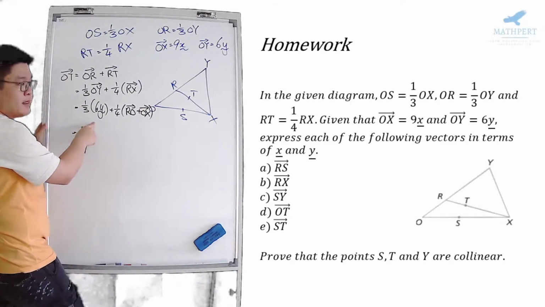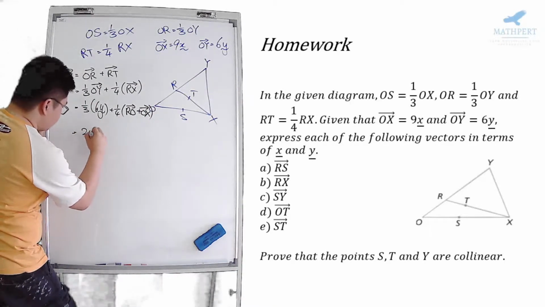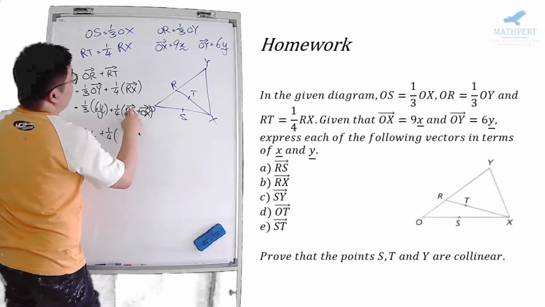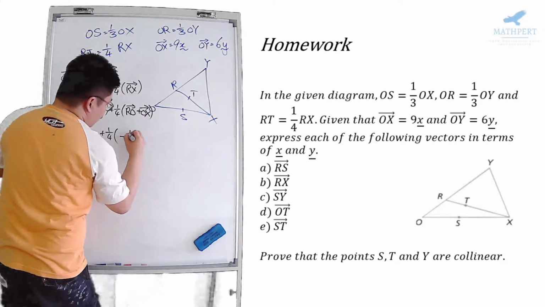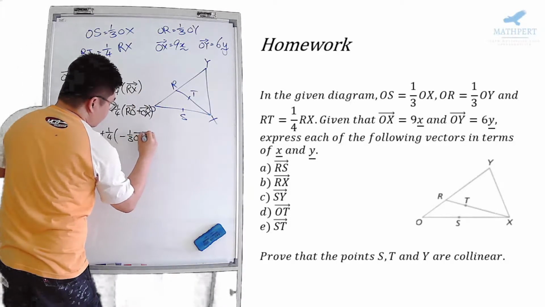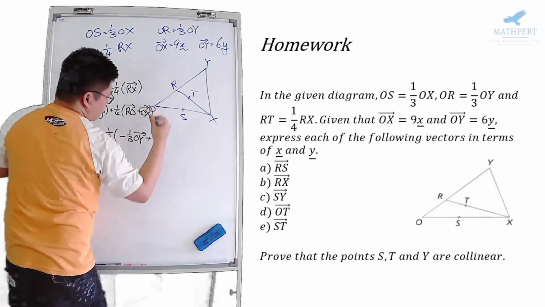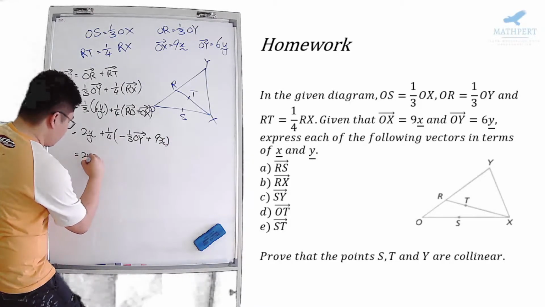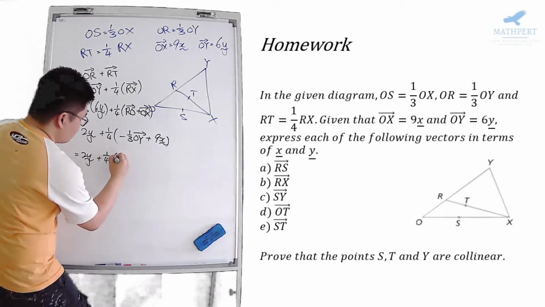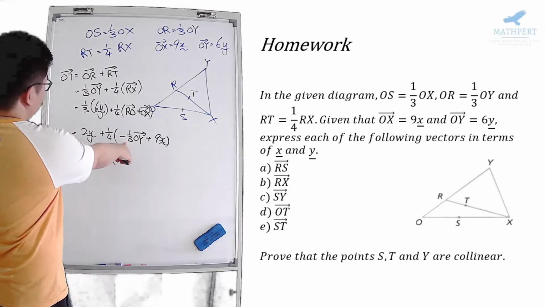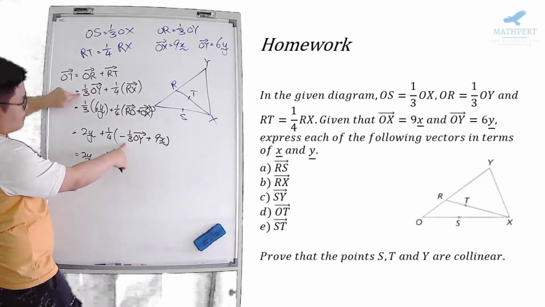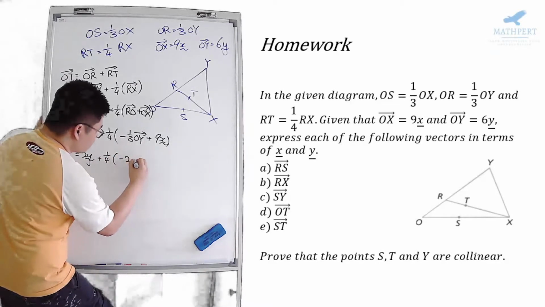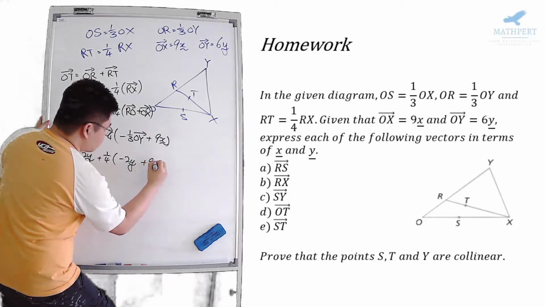So 1/3 multiply 6y, I will get 2y, plus a quarter of RO. RO is negative OR, so negative 1 over 3 OY plus OX is 9x. So 2y plus 1 over 4 of negative 2y plus 9x.